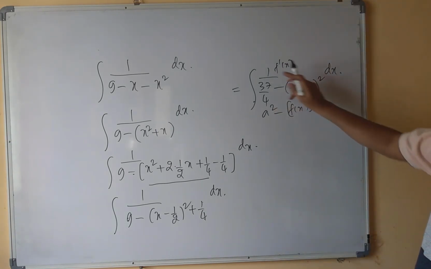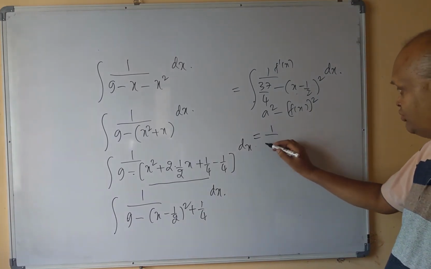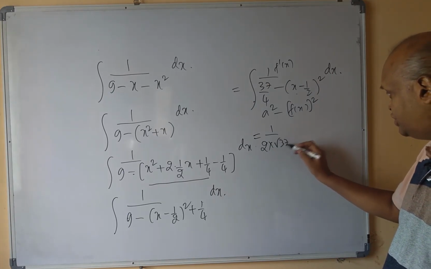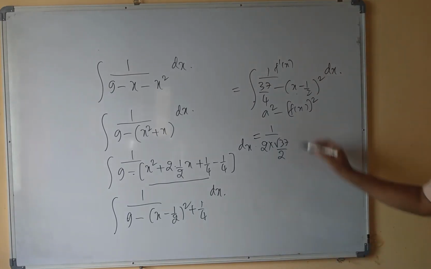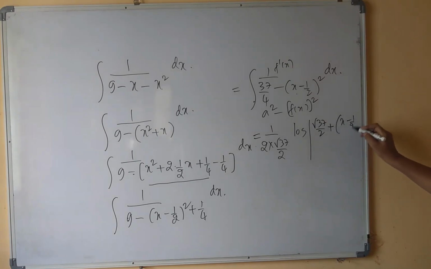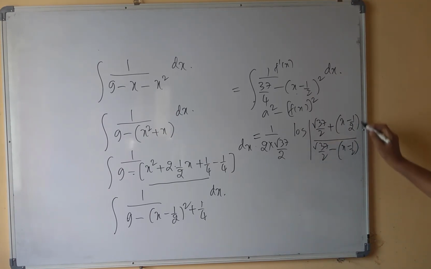Derivative of x minus 1 by 2 is f dash x. So definitely your answer is going to be 1 by 2a. A square is 37 by 4, remember, so what is a? Root 37 by 2. Log of (root 37 by 2 plus (x minus 1 by 2)) divided by (root 37 by 2 minus (x minus 1 by 2)).